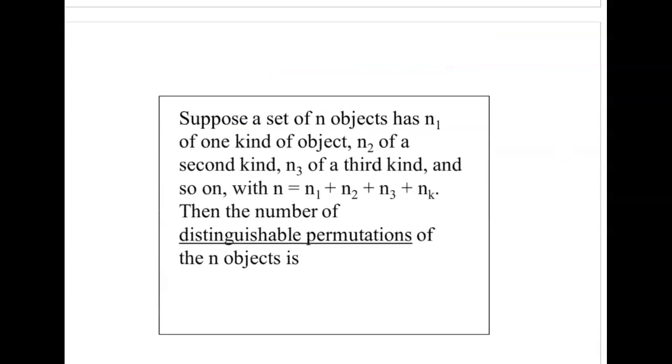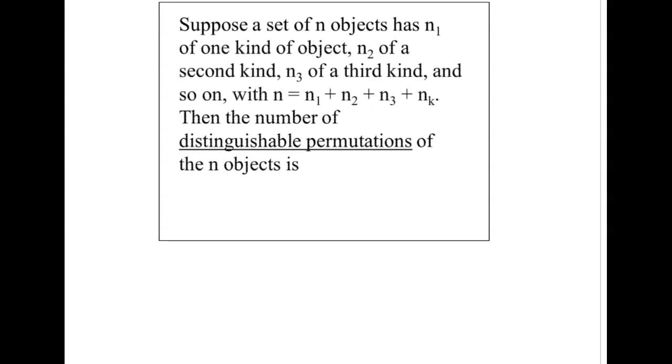So the learning target today was to talk about distinguishable permutations. Here's what you typically see in textbooks. If there are n objects, then the formula would be n factorial divided by, and let's suppose there's n1, something is repeated, so then it'd be n1 factorial, and then suppose n2, then it'd be n2 factorial, n3 factorial, and so on, all the way down to nk factorial.